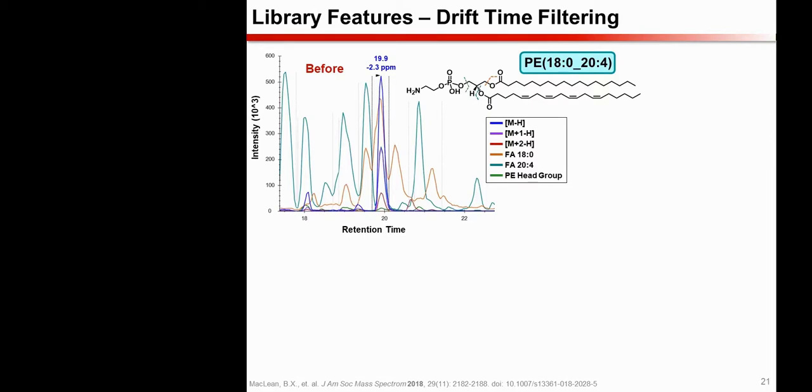So as you can see with this PE lipid, the fragment signals for these 2 fatty acyl chains, 18:0 and 24, which are the teal and orange chromatogram traces here, pretty much dominate the extracted ion chromatogram. And this is due to the fact that most of the lipids in our sample with these 2 really common fatty acyl chains will share these same fragments.